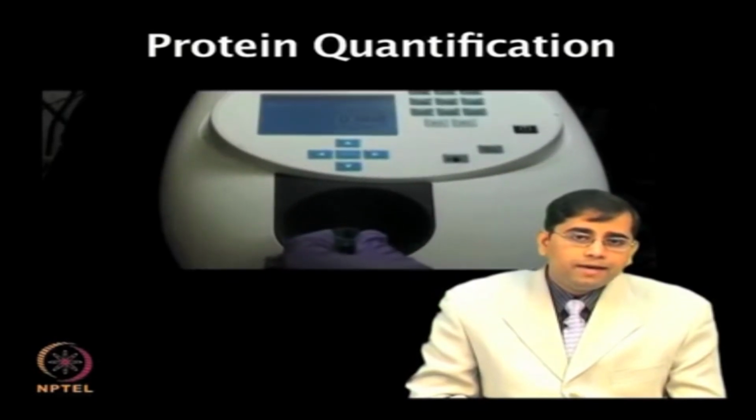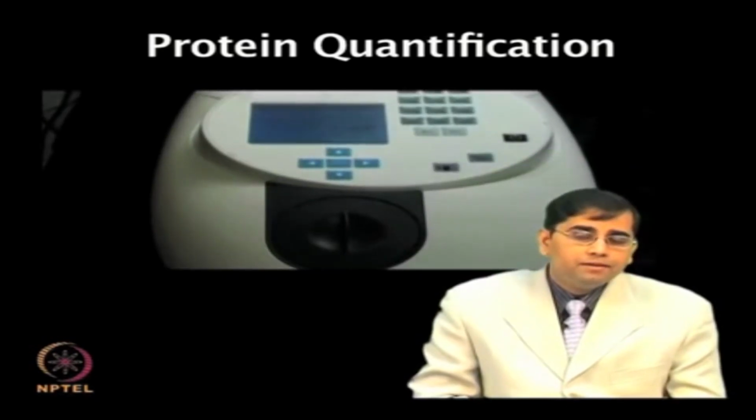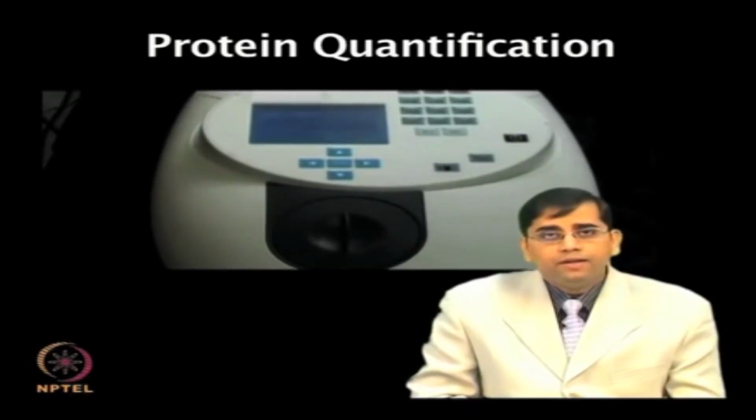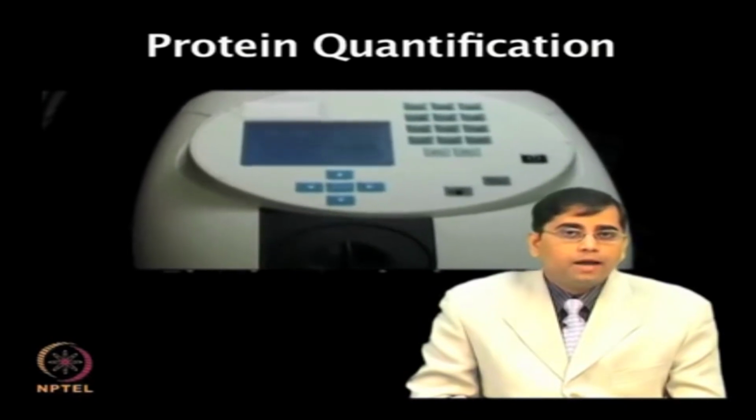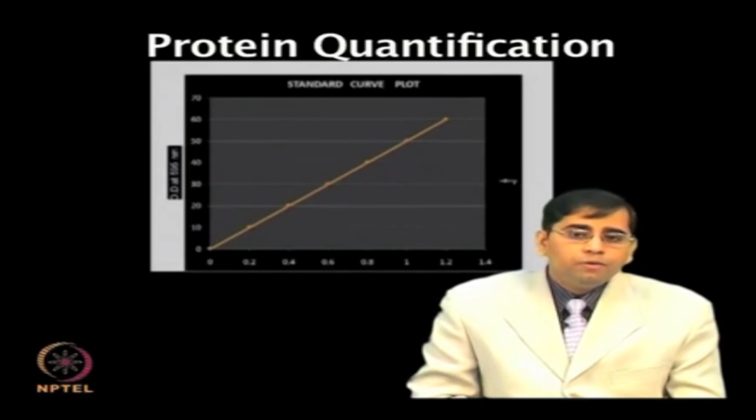Absorbance of standard and unknown protein samples can be measured at 595 nanometers, and protein concentration can be determined from the standard plot of the absorbance values.